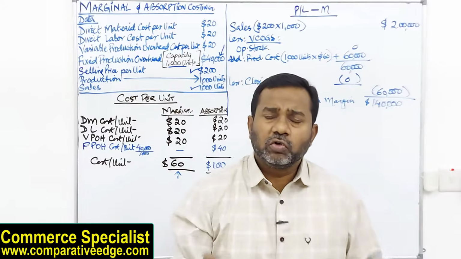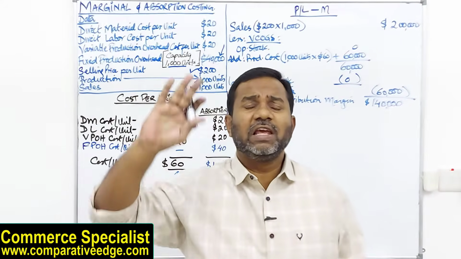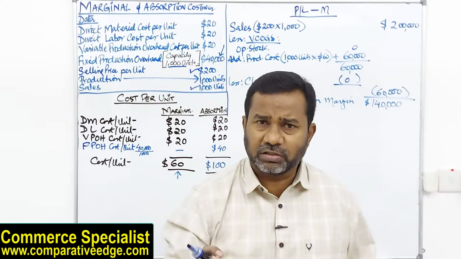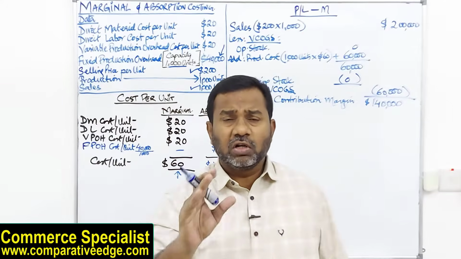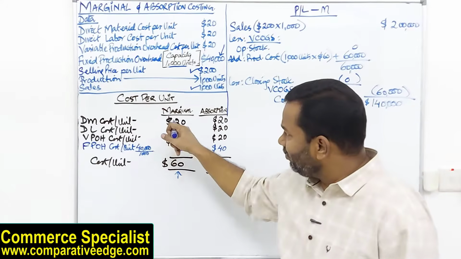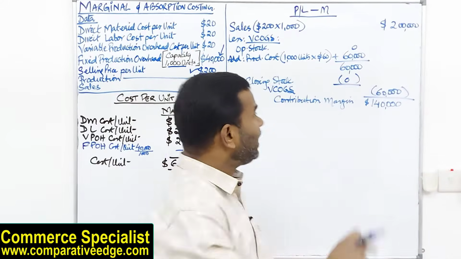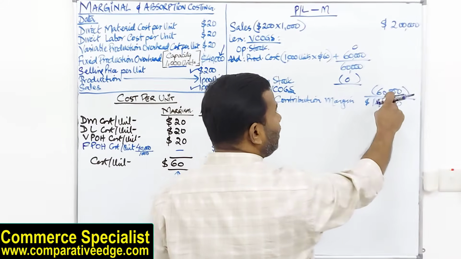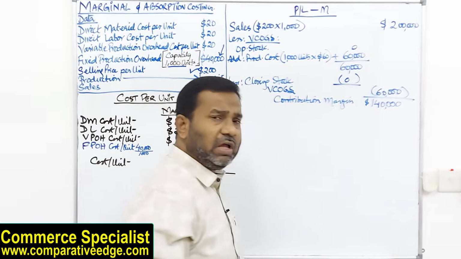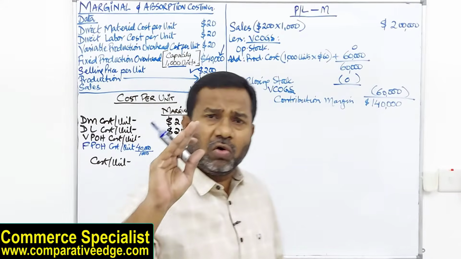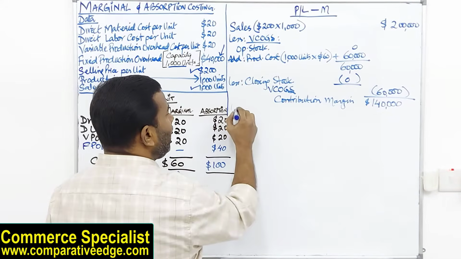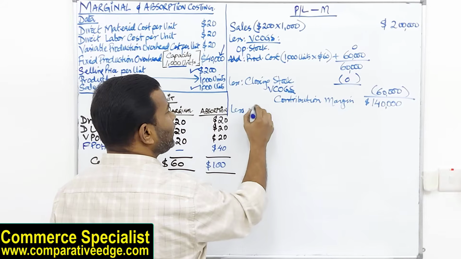The meaning of contribution is selling price minus variable cost. As I told you, marginal also means variable, and these are the variable costs. This is 60. So from selling price, I have subtracted all the variable costs, and I get contribution. Once you get contribution, the only step left is to subtract less fixed cost.